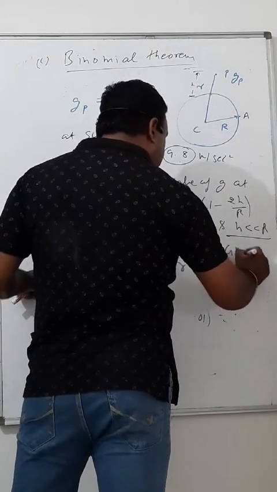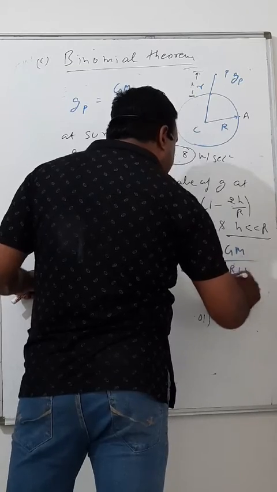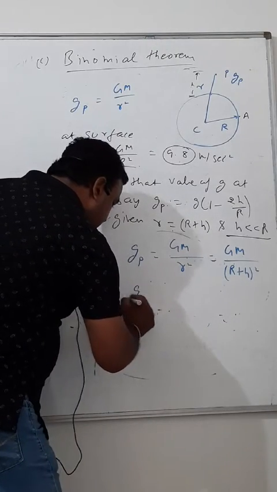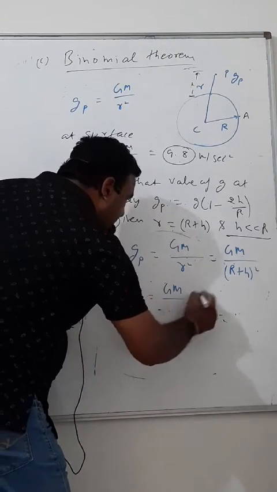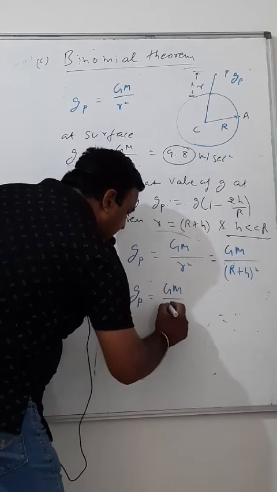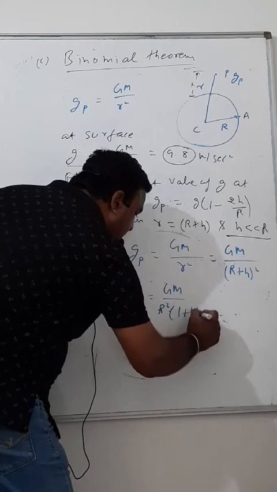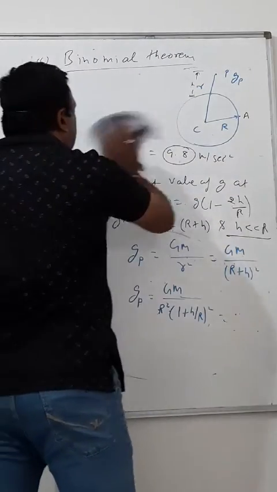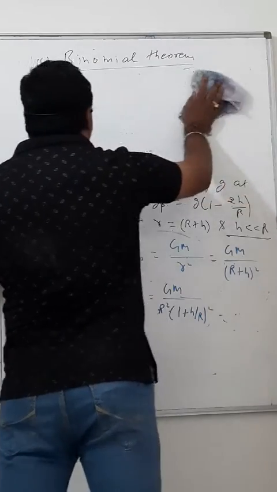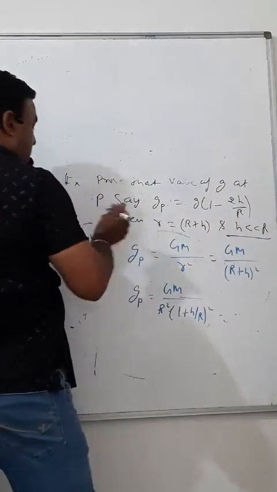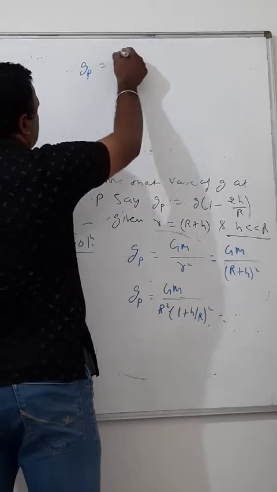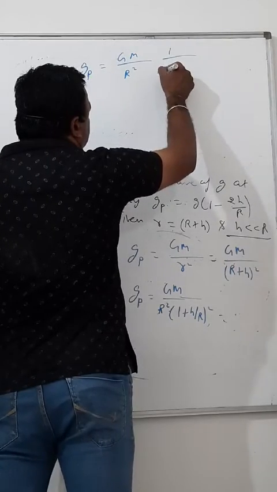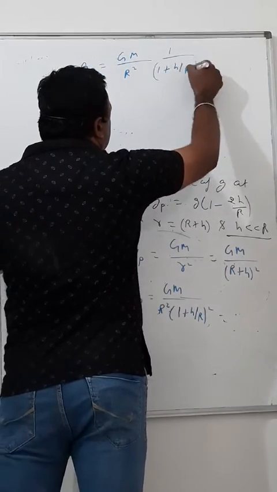It is GM by (R + h) whole squared. g_p is GM; I take R out, it becomes R squared (1 + h/R) whole squared. So g_p is GM by R squared times 1 by (1 + h/R) whole squared.